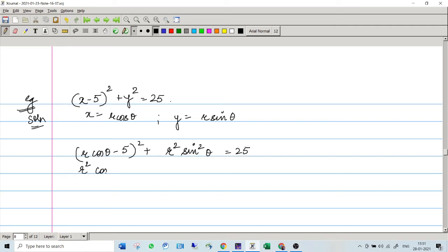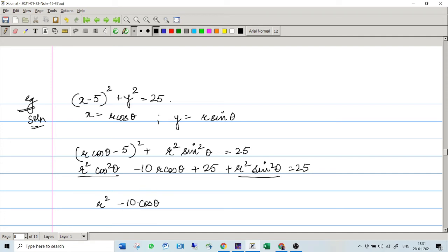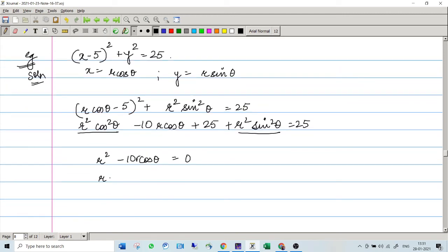R square cos square theta minus 10 r cos theta. It is simple to solve, right? These two terms get combined to give you r square minus 10 r cos theta equal to 0. Means you either have r to be 0 or r to be 10 cos theta.